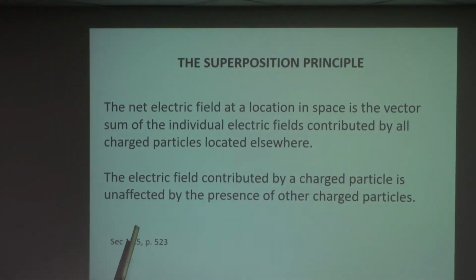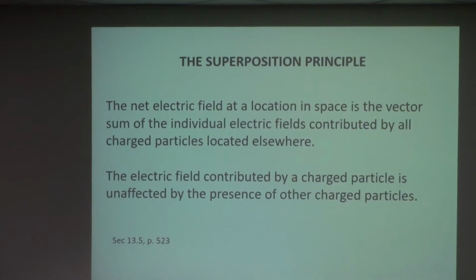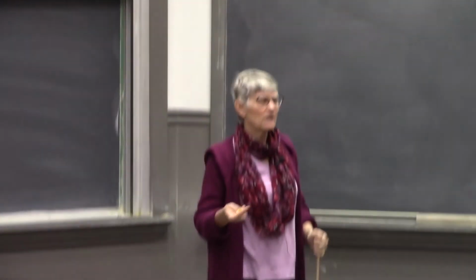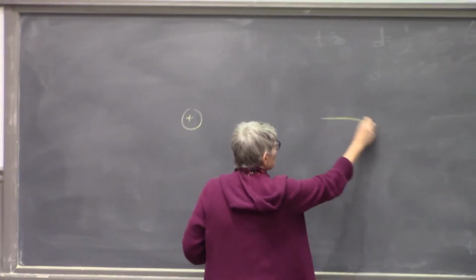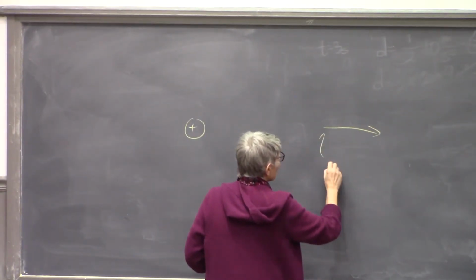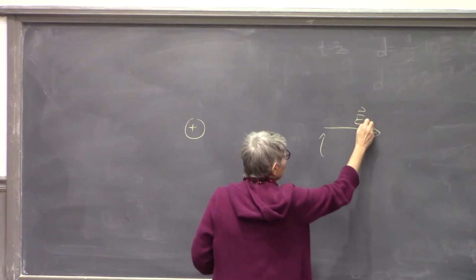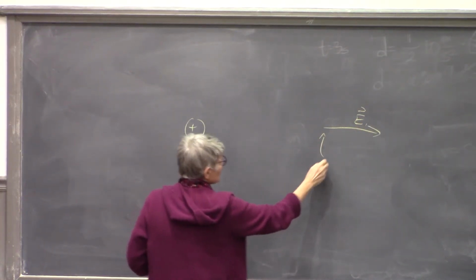The other thing that we actually worked with in recitation a little bit on Thursday is that no matter how many charged particles there are, the contribution of each charge is unaffected. So here's a charged particle making an electric field here. This is our observation location.